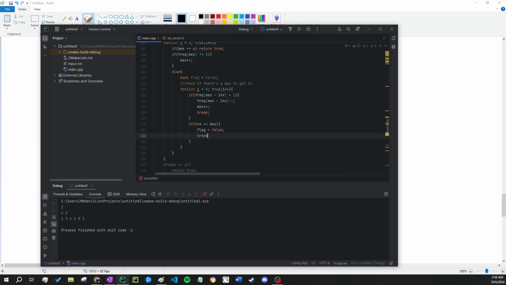I can't spell false. No, this is flag equals true. So it's okay. So here I'm checking if it works, it's good, right? Else, and I guess we can break here too. No, wait, is it true? No. We're gonna keep checking.